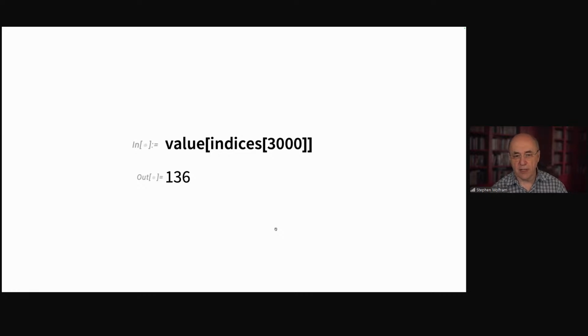The value of f of indices of 3000 is just 136. We don't have to follow through all the steps in the computation of the function. We can just use this kind of pseudo formula to work out the result.